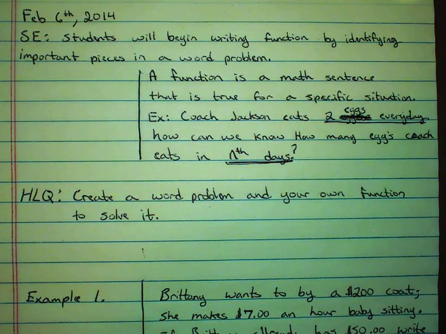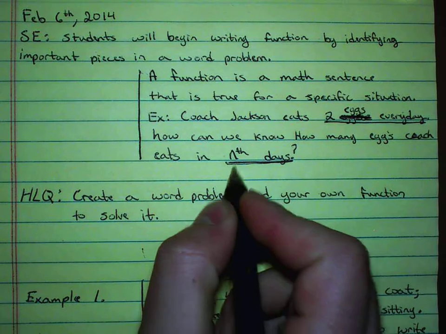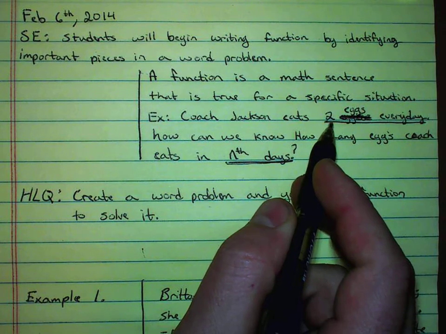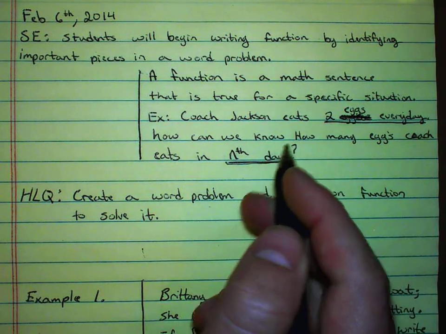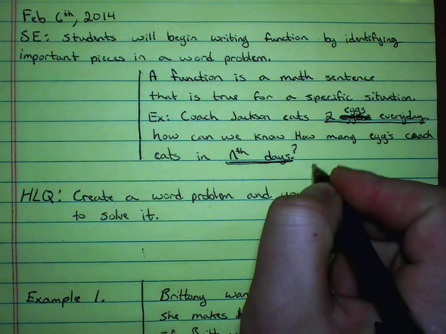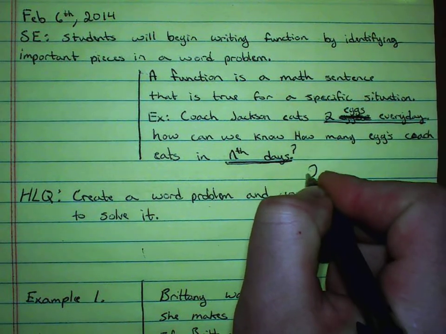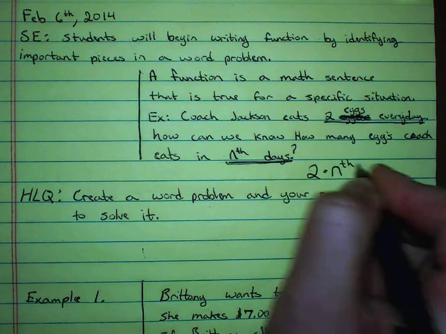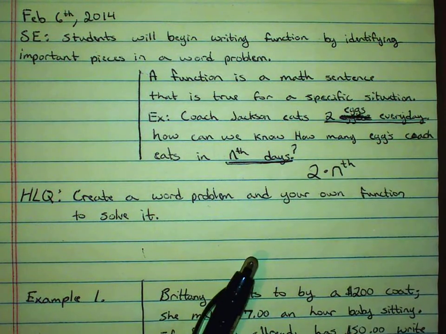Example we've got is that Coach Jackson eats 2 eggs every day. How can we know how many eggs Coach Jackson eats in n days? n stands for number. Okay? So if I eat 2 eggs for every day, then it's very easy for us to say, hey, that's 2 times n. n just being the number of days.